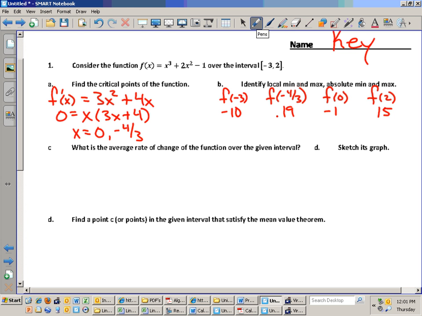That is my endpoints, because specified that I'm only talking about the graph over that given interval.